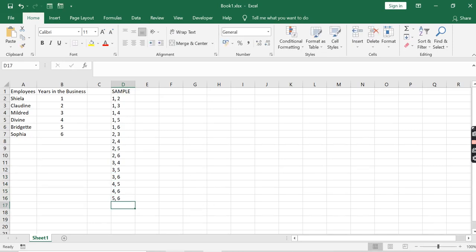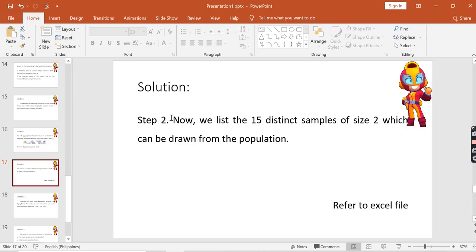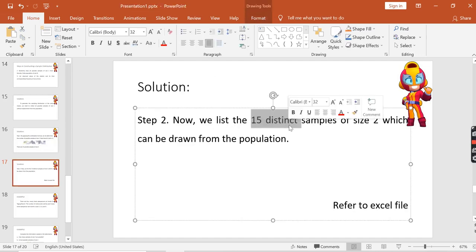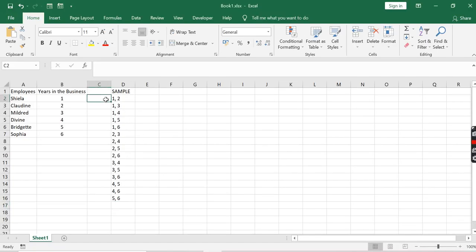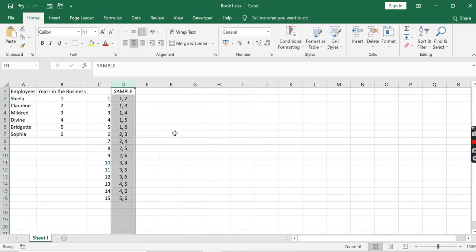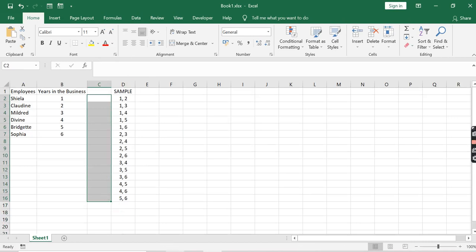Okay, so according to our combination formula, we must have 15 distinct values. So let's count on that. 1, 2. Let's see if it is 15. All right, so 15. So meaning we already have enough samples. Okay?